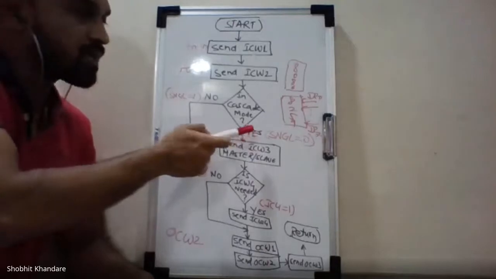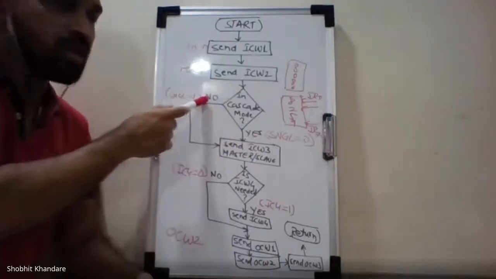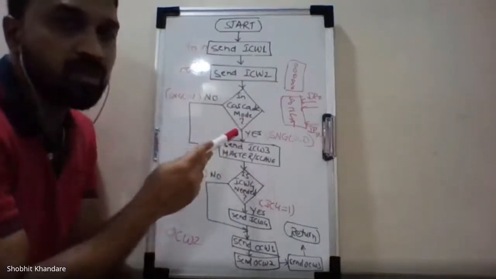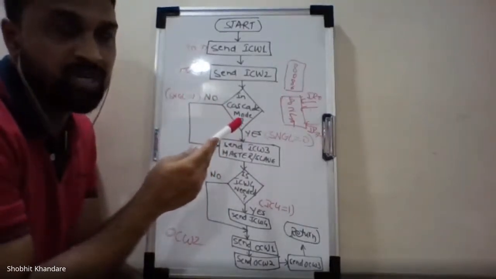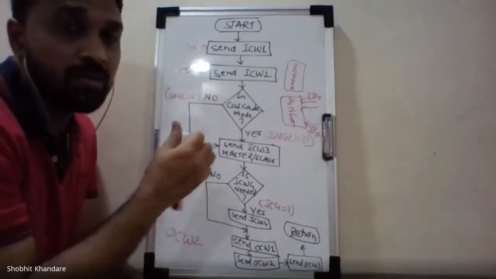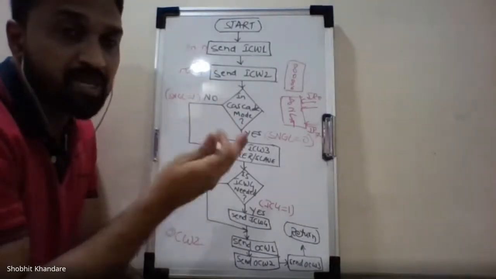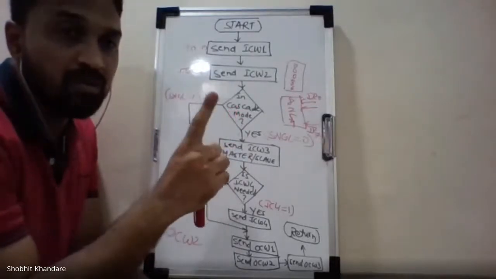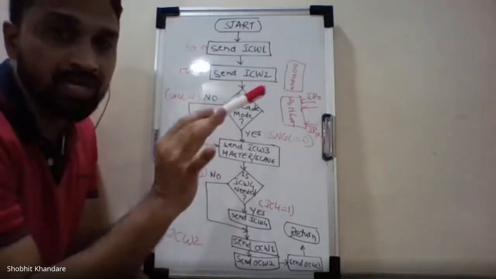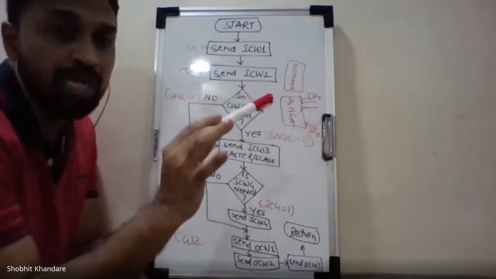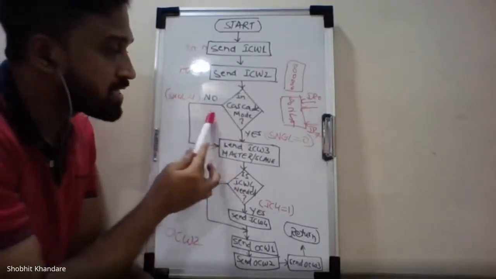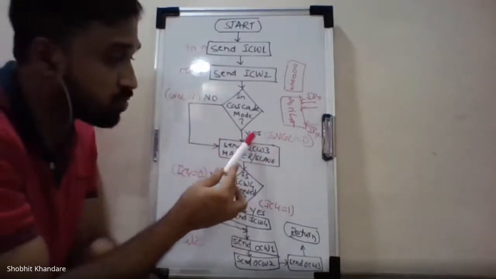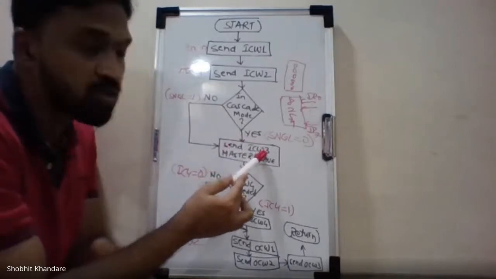So when you have the condition yes or no, this gives you the understanding of whether your 8259 is single or there are many. If there are many, that means cascade mode. If only one, that means no cascade. But for both cases, the arrow is coming to ICW3.